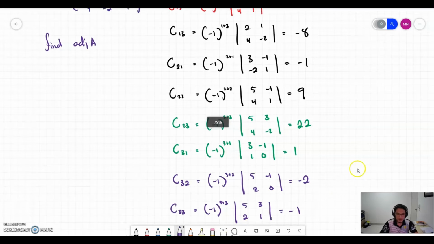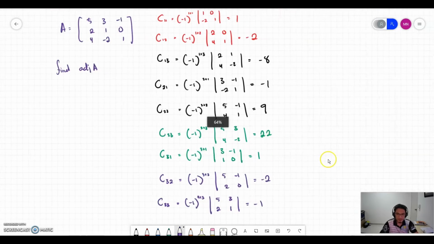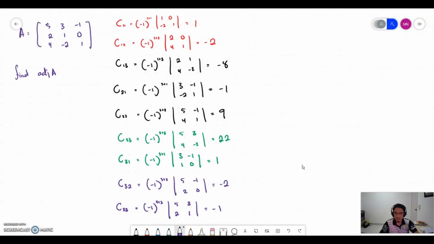Okay, so we have passed the difficult part. Now just left the easy part, which is to fill in the values of the cofactors into the adjoint of A. So 1, negative 2, negative 8, negative 1, 9, 22, 1, negative 2, negative 1.